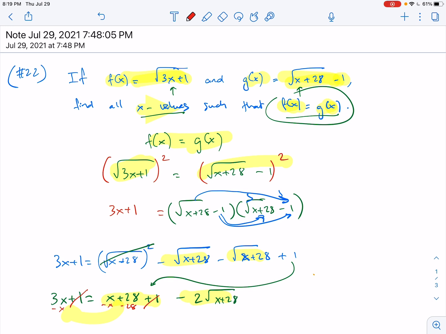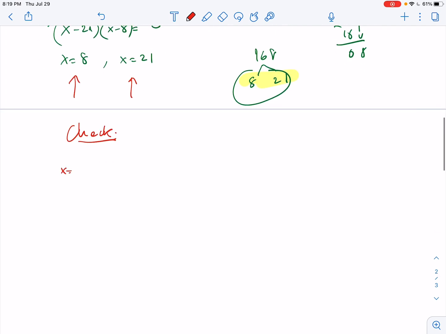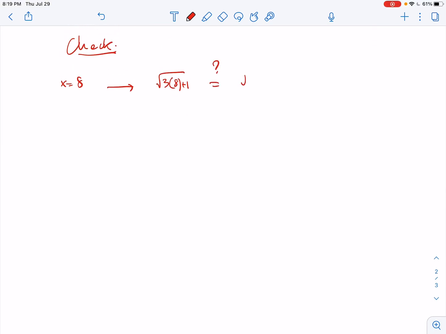Why 21? Why not 8? I think one of them would not work. I don't think both of them are going to work. Okay, so let's try 8. So x equals 8. We're going to get the square root of 3 times 8 plus 1, I believe. Yes. And then over here it is equal to the square root of 8 plus 28, minus 1.